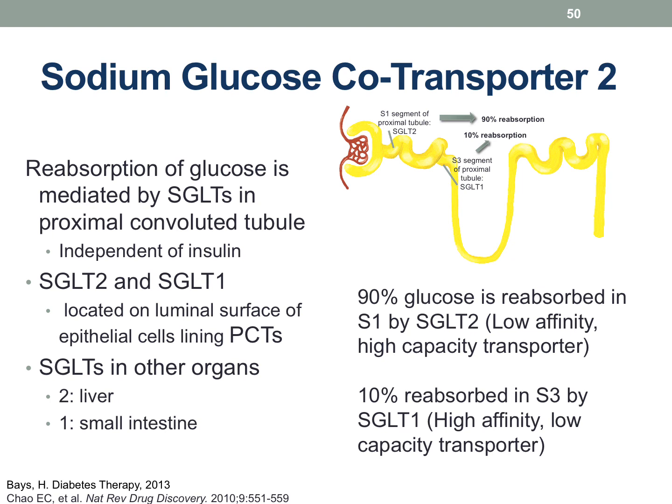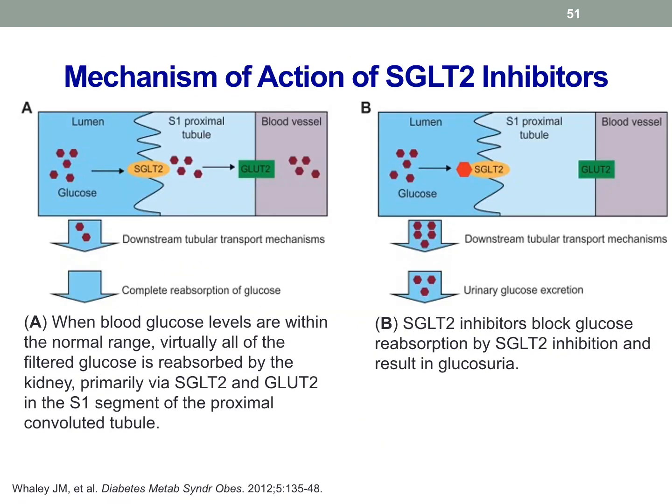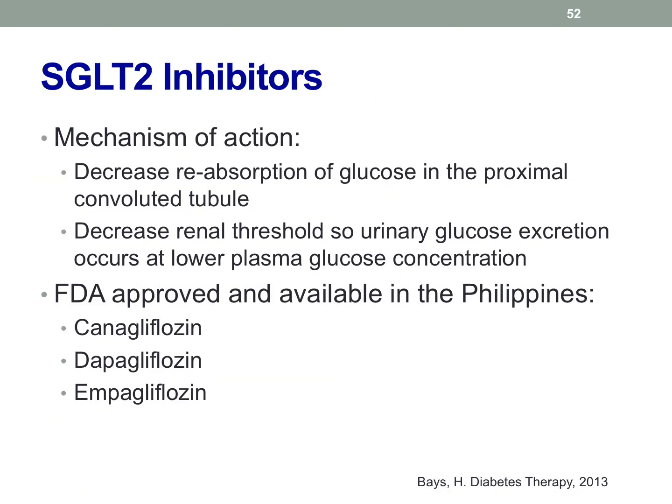Now, because there are two main transporters, SGLT1 as well as SGLT2, it is mainly the SGLT2 that is inhibited in terms of its action. So graphically, just to show you, it should be reabsorbed, but if you use the inhibitors, it goes out. And so this is the mechanism of action of the drug.